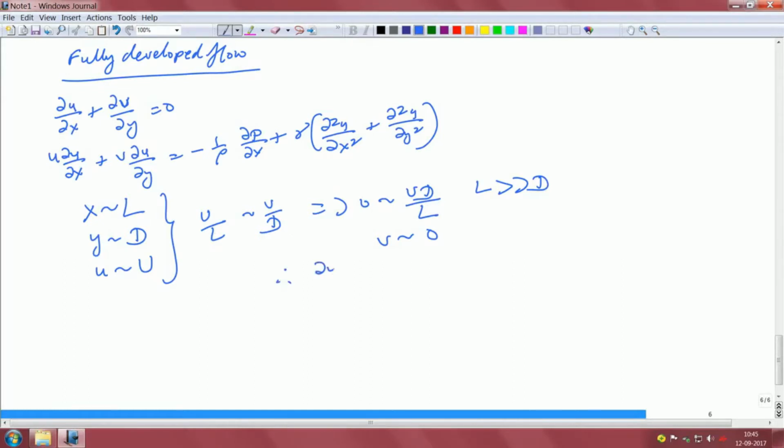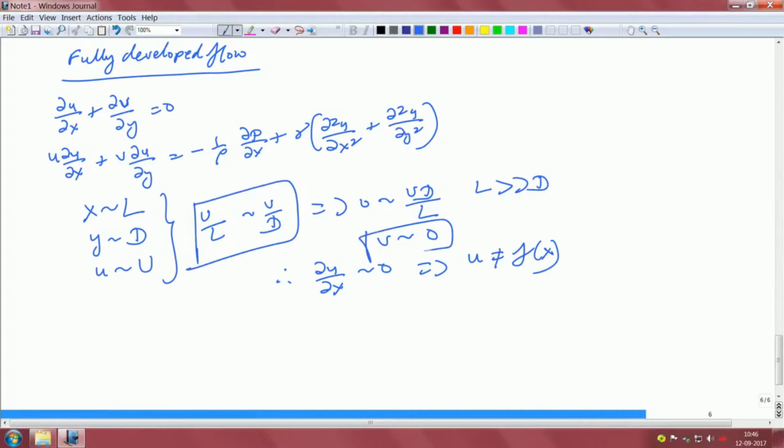So, therefore, du by dx is equal to 0, right, okay, du by dx equal to 0. Therefore, this leads to u not being a function of x anymore, right. You understood the steps. So, we went from the continuity equation, there we showed that v is almost equal to 0, because here L, the length at which you are taking your entrance, this long pipe basically, is much greater than d.